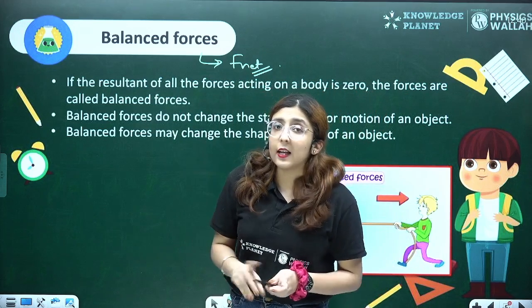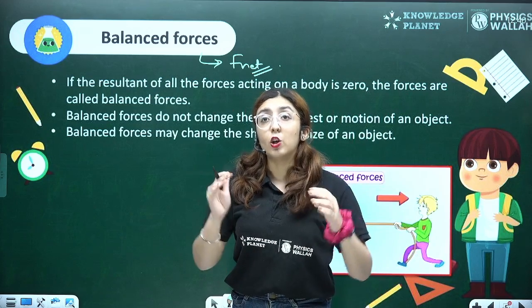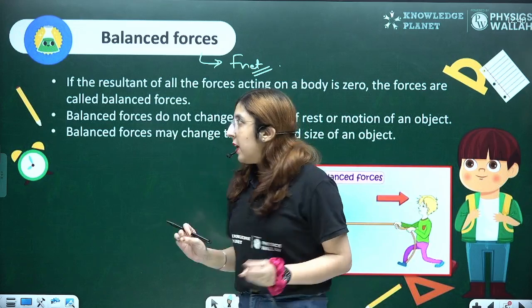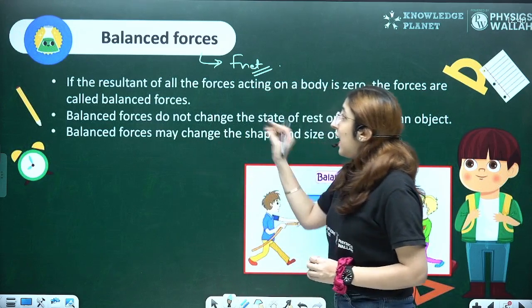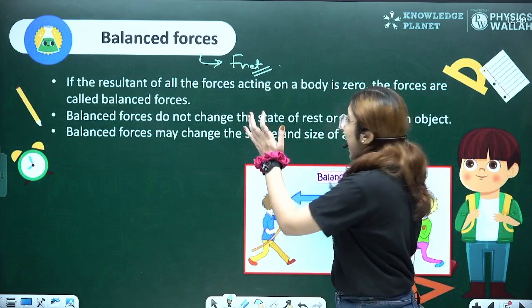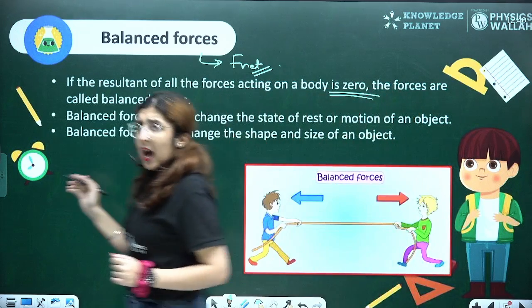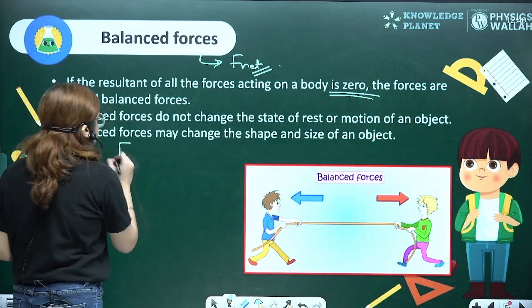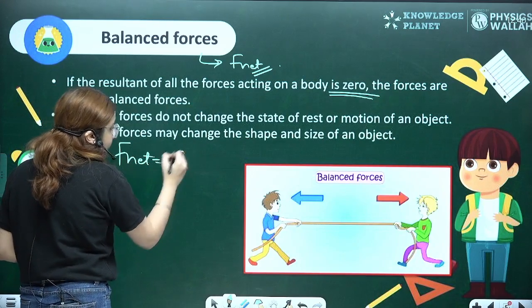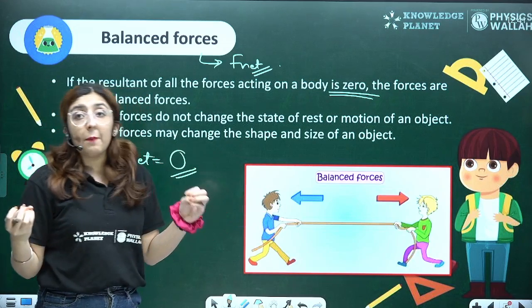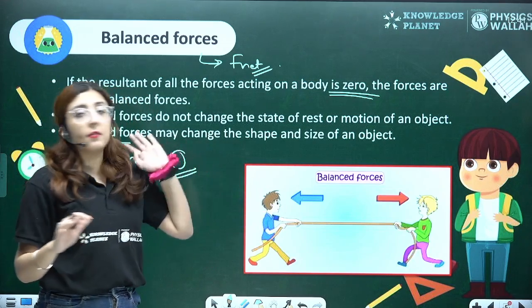Resultant force is nothing but the force that acts when lots of forces are acting. When the resultant of all the forces acting on a body is 0, let me say F net is 0, we say that the forces are balanced out.